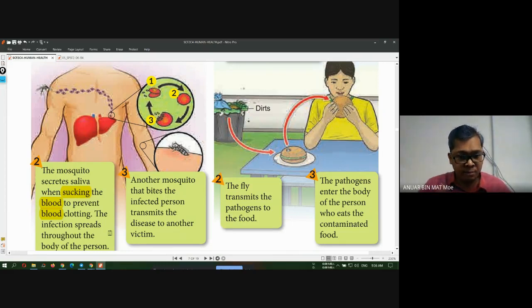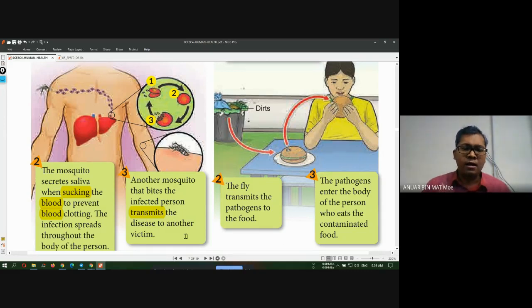So this is how it spreads. And then number three, another mosquito bites the infected person and transmits the disease to other victims. And this is how the vector spreads disease.